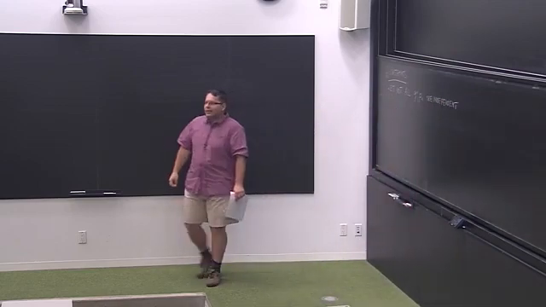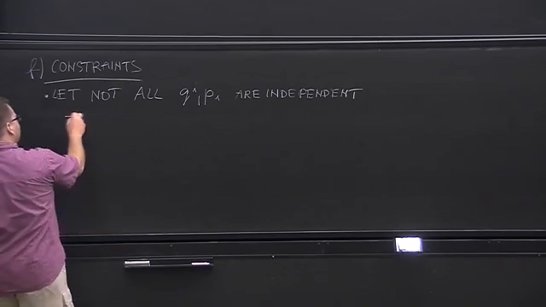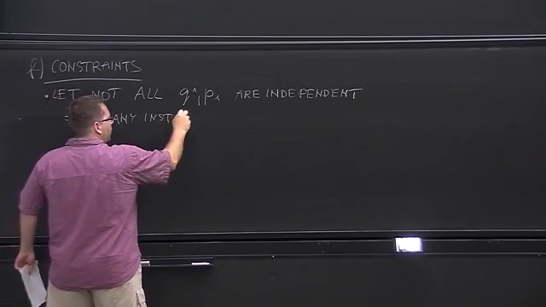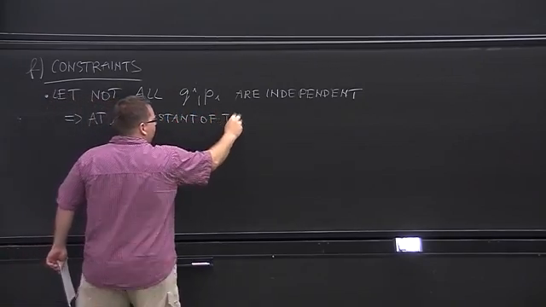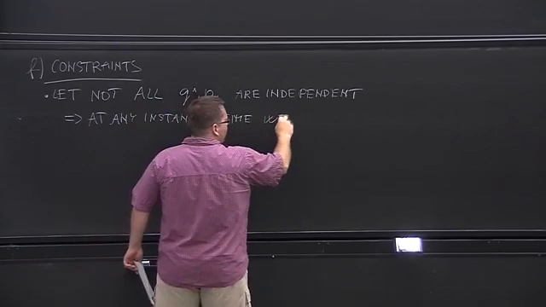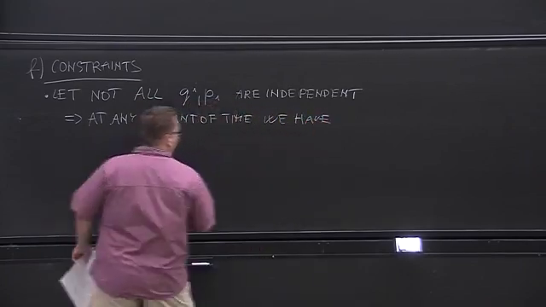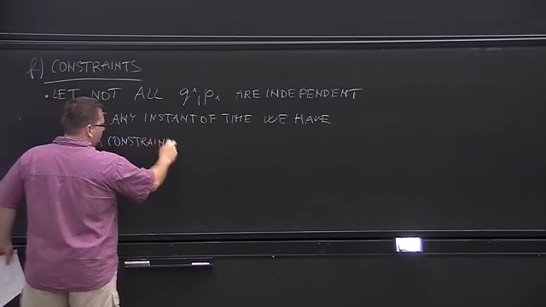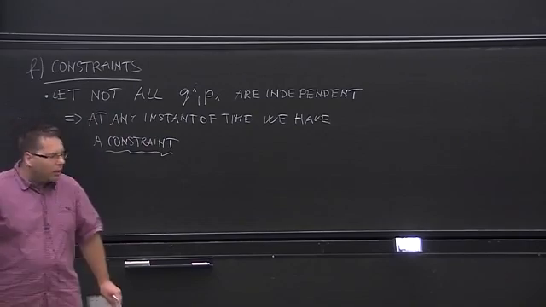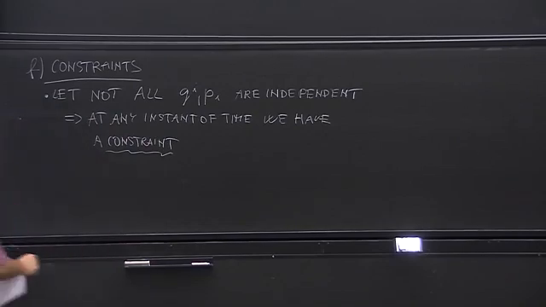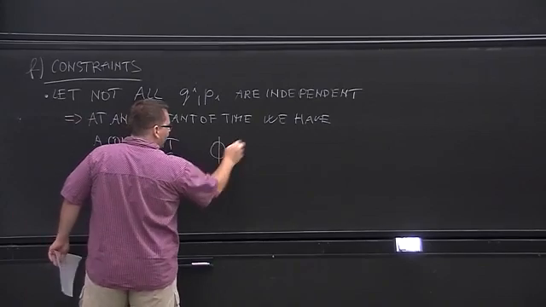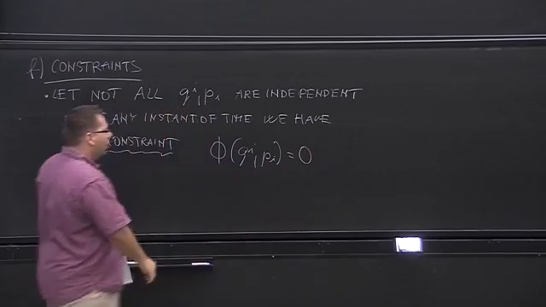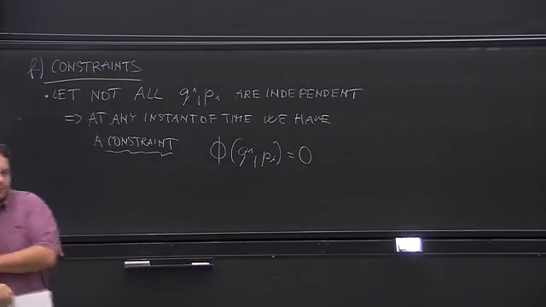And that means that at any instant of time, we have a constraint. And you can always arrange things so that you write your constraint as some function of Qi and Pi equal to 0.